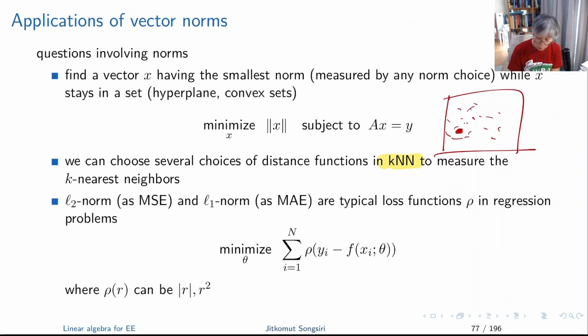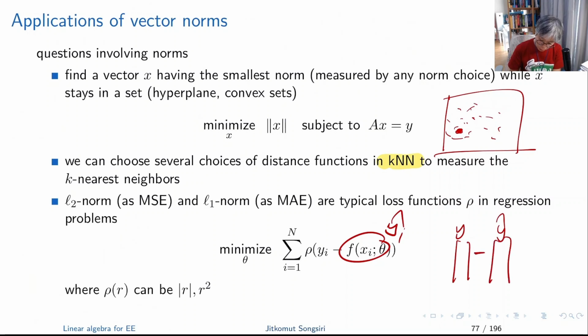In terms of regression problems in machine learning or in estimation problems, usually we have a model, and this gives us y hat. This y hat is aimed to be close to your actual y, your measurement. So you have vector y, you have vector y hat, and then you subtract y hat from y, right? This is the error term or the residual.